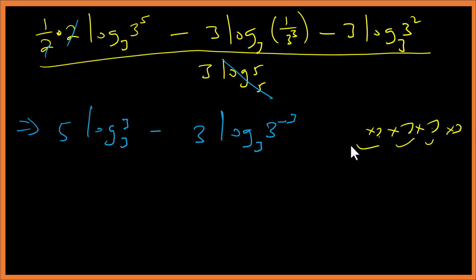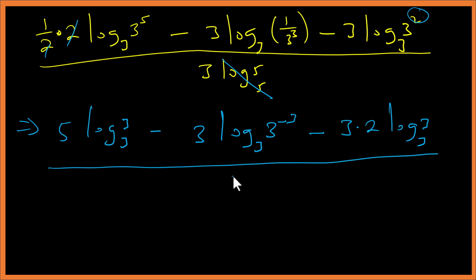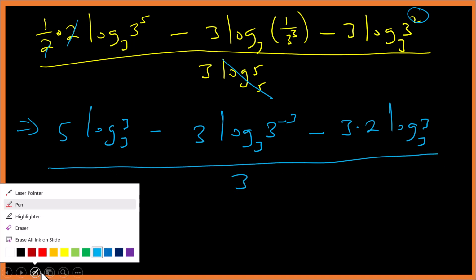We have that. So minus 3, and the 2 also comes, times 2 log 3 to base 3 on 3. Okay, so let's go again.